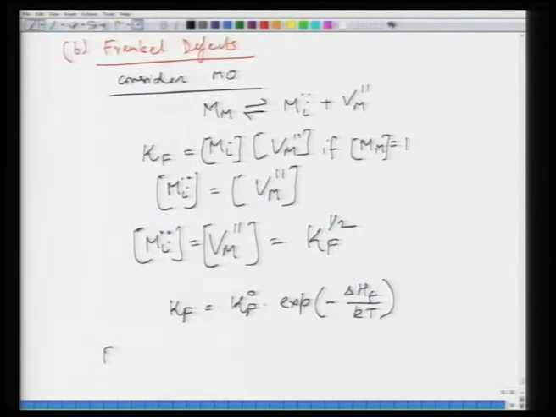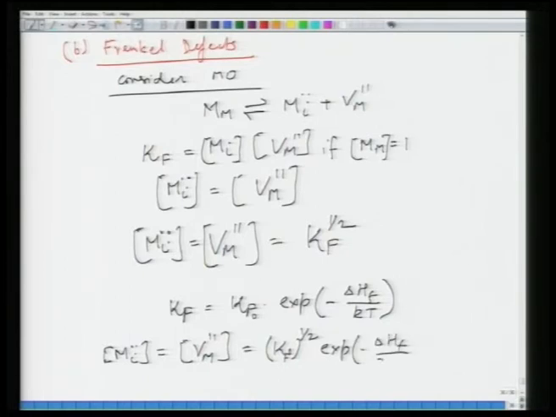So, as a result Mi is equal to Vm is equal to Kf naught to the power half into exponential minus delta Hf by 2 Kt.